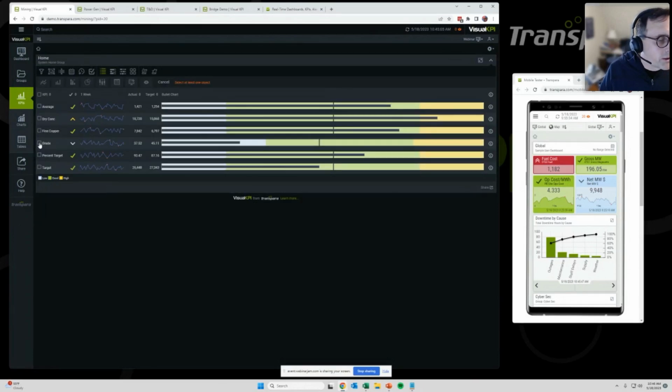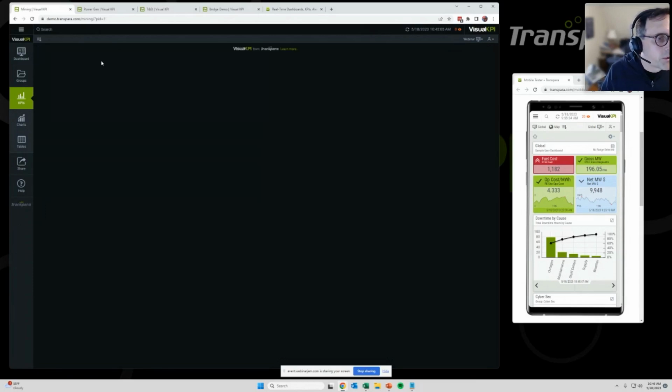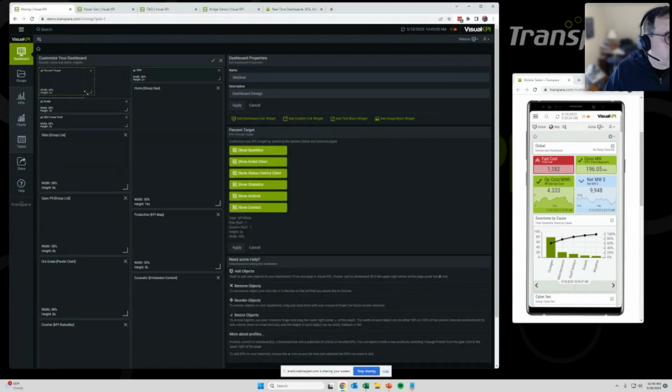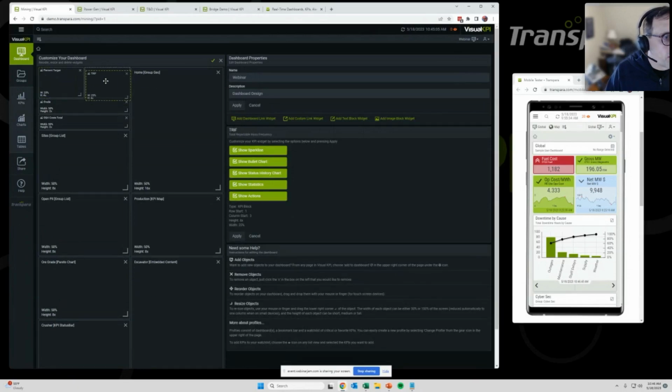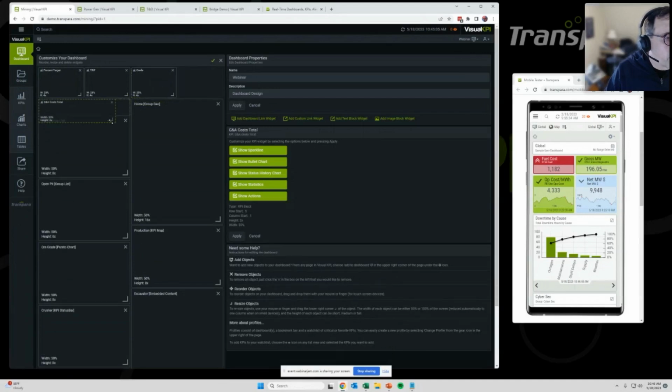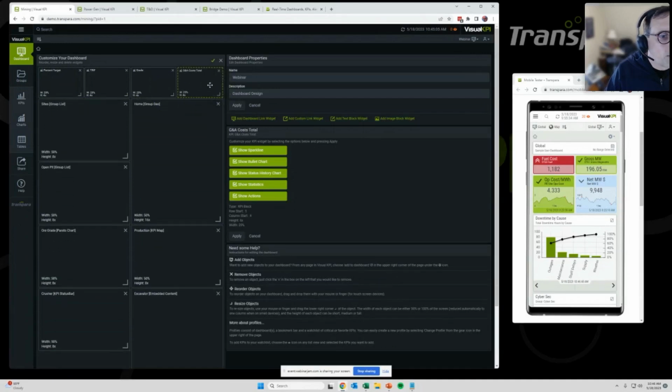Let's go find our grade, and let's go get our percent of target, and we'll add those two to the dashboard. And I'm going to make these a little larger now. Safety is an important one. Grade and my cost KPI here.